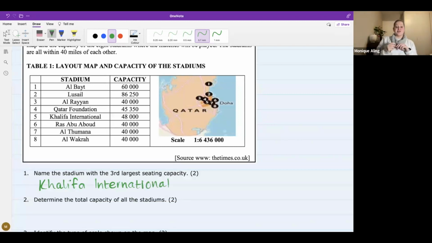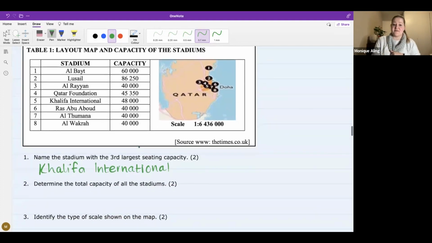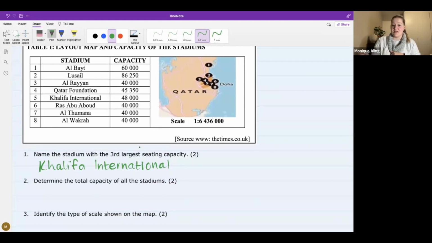Cool. Determine the total capacity of all the stadiums. So to work out the total, we're going to need to add all the capacities up together. And Ben is on it. Remember, because it is for 2 marks, you'll need to show working out.